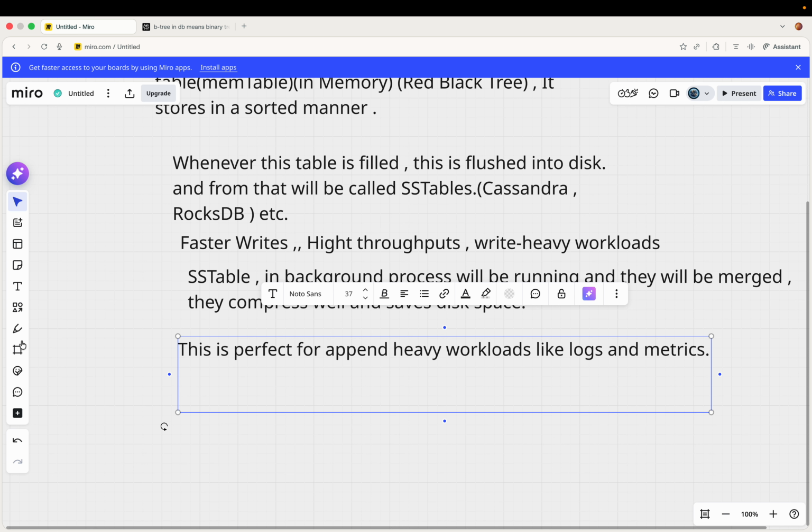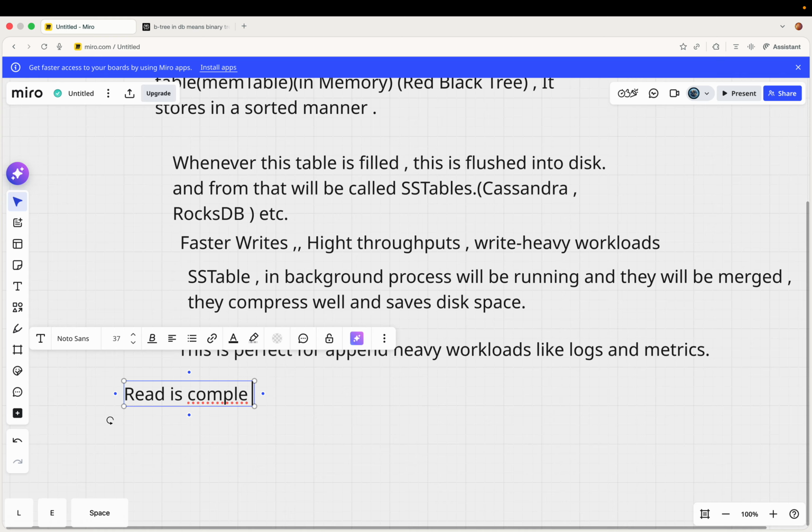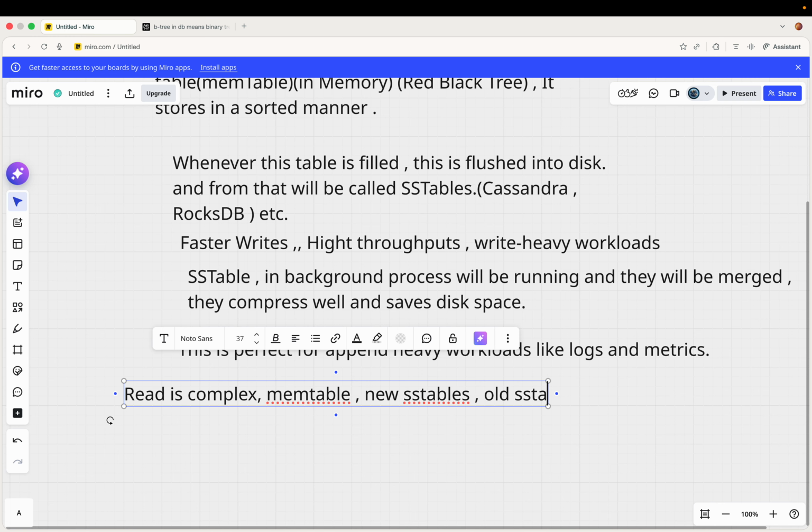But here read is somewhat complex. First it should see the mem table and then new SS tables, old SS tables, and then disk. So this might increase the read latency.